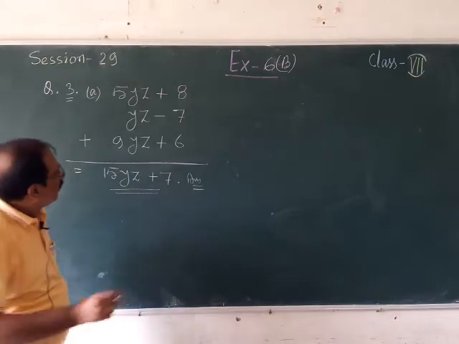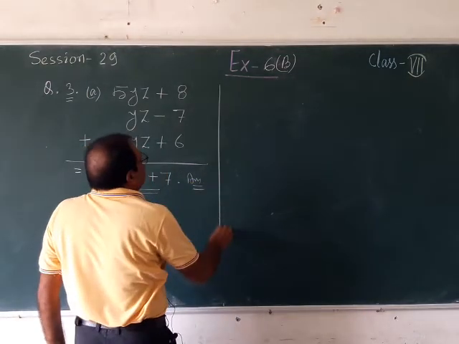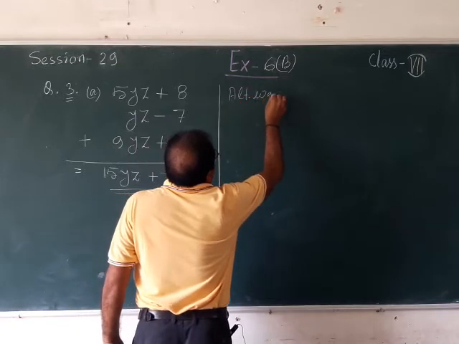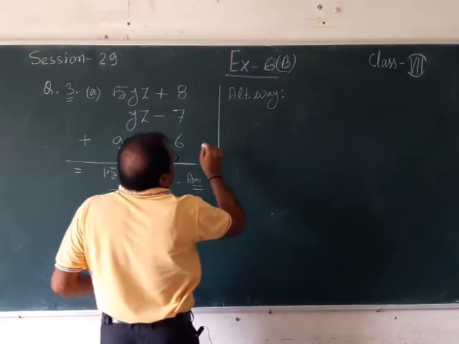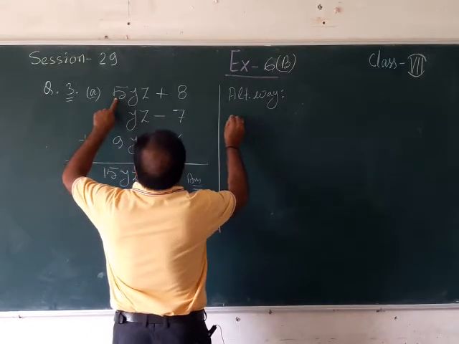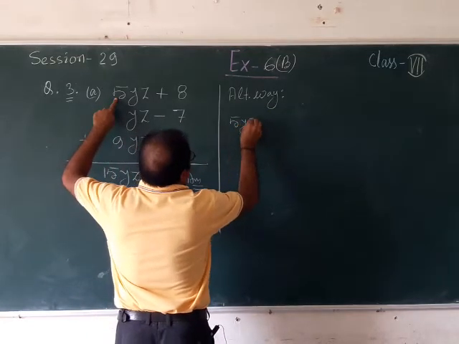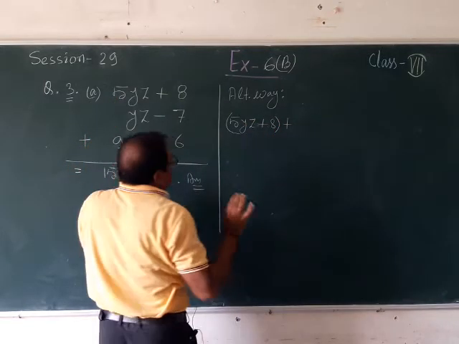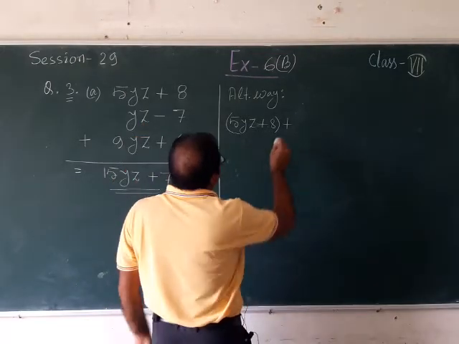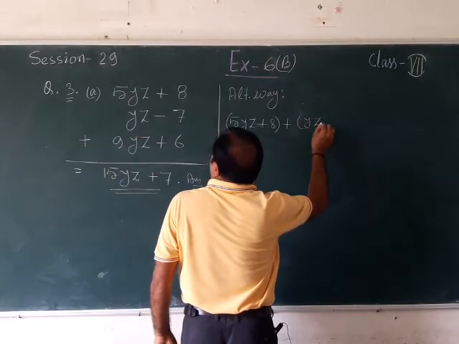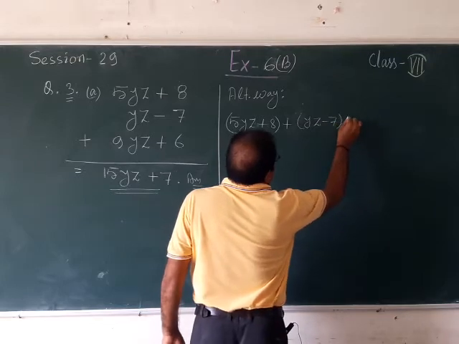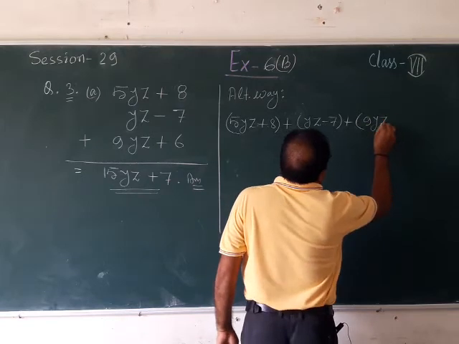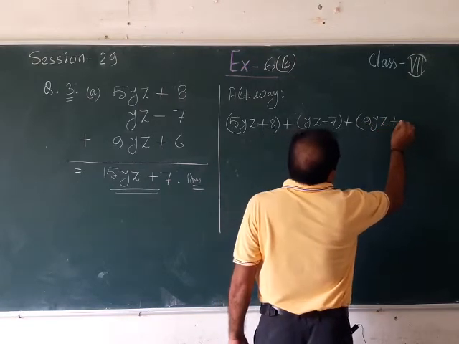This is the first method. Now for this question only I am going to do it with one alternative way. First you write the question 5yz plus 8 and give a bracket, for the first polynomial. For the second polynomial you write yz minus 7, then again a plus sign, then 9yz plus 6.